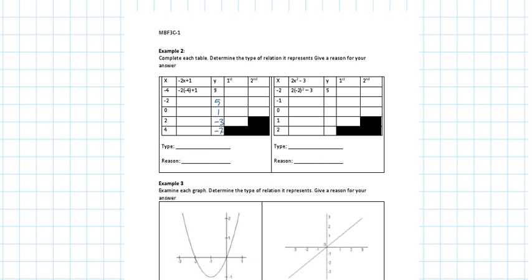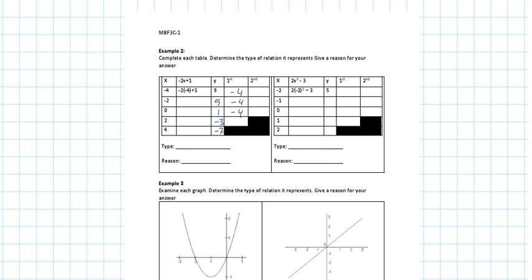If I give you the x and the y values and I ask you to find if it's quadratic, linear, or neither, what do you do? First difference. So if I do the first difference, 5 minus 9 gives me negative 4, 1 minus 5, negative 4, negative 3 minus 1, negative 4, negative 7 minus negative 3, negative 4.